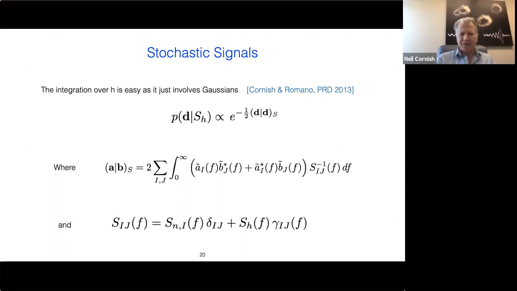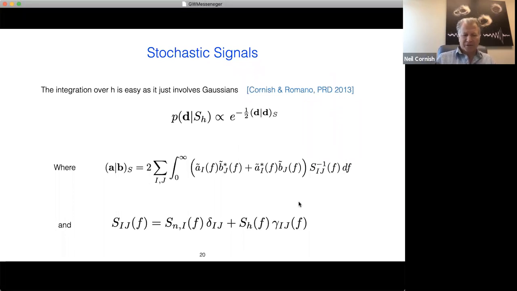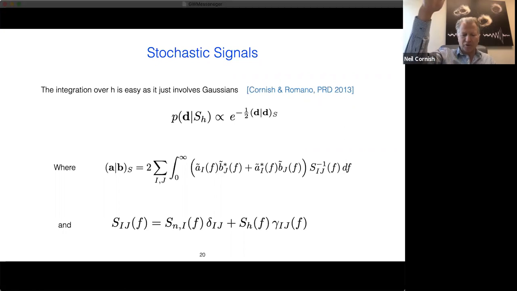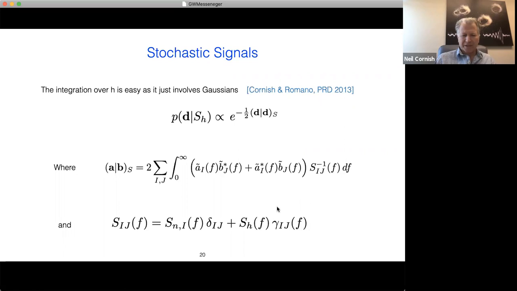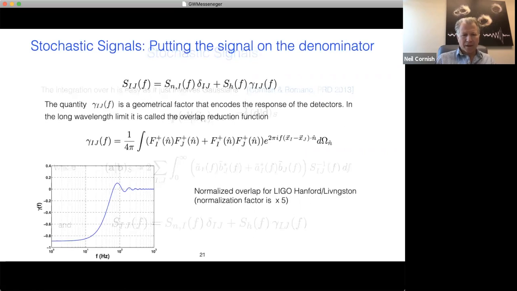So that's the standard analysis that we think of in terms of cross-correlation, but it's not really cross-correlation. It's just integrating out the stochastic signal. So we move it from the numerator, where it's data minus model, and it ends up in the denominator. In the case of LIGO, this is the overlap reduction function for the LIGO Hanford and Livingston detectors.